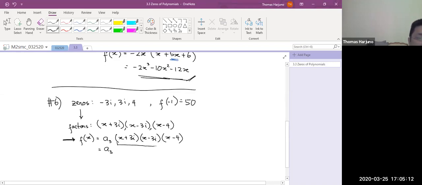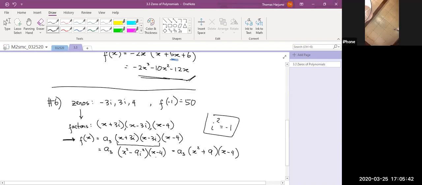But let me teach you how to multiply this. That gives us a difference of squares, so that will be x squared minus 9i squared, which gives us x squared plus 9, because i squared is negative 1.